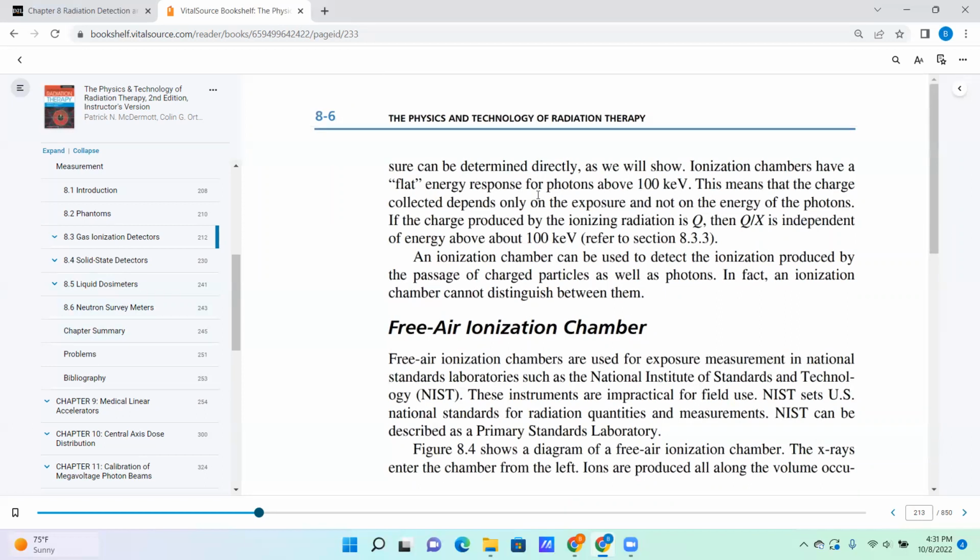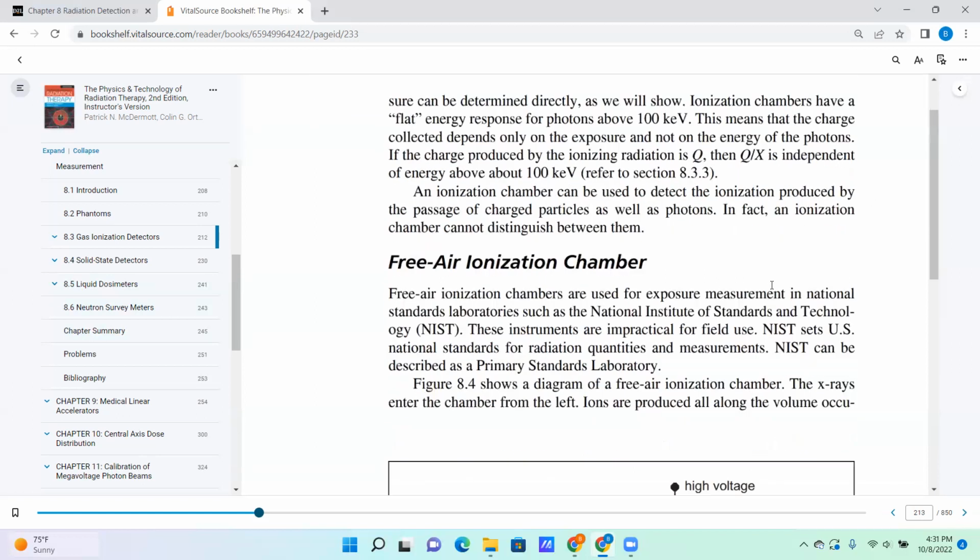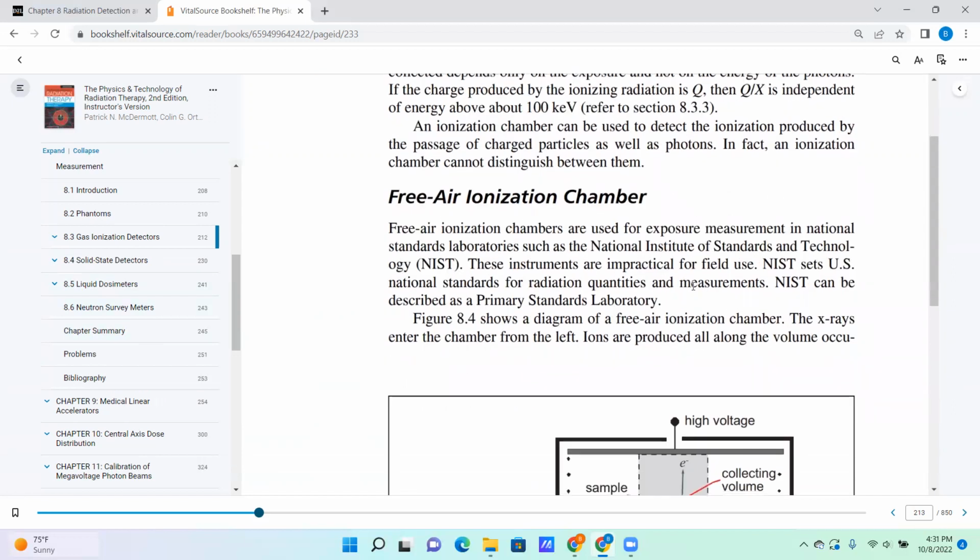That means that the charge collected depends only on the exposure and not on the energy of the photons. If the charge produced by the ionizing radiation is Q, then Q divided by X is independent of the energy above 100 keV. An ionization chamber can be used to detect the ionization produced by the passage of charged particles as well as photons. In fact, an ionization chamber cannot distinguish between them.